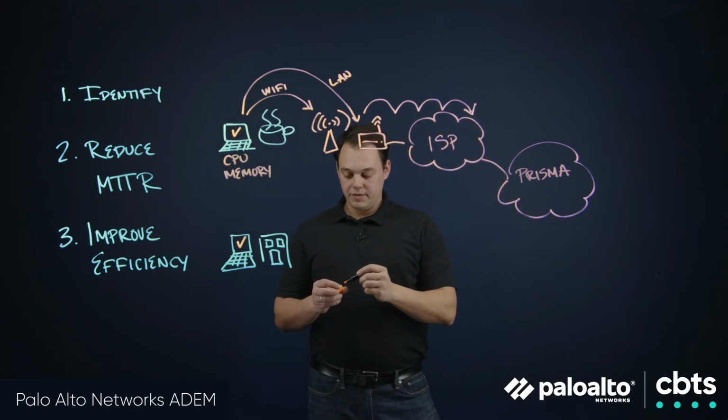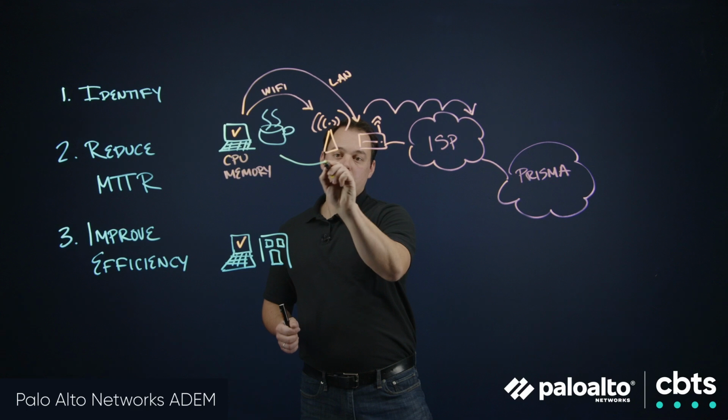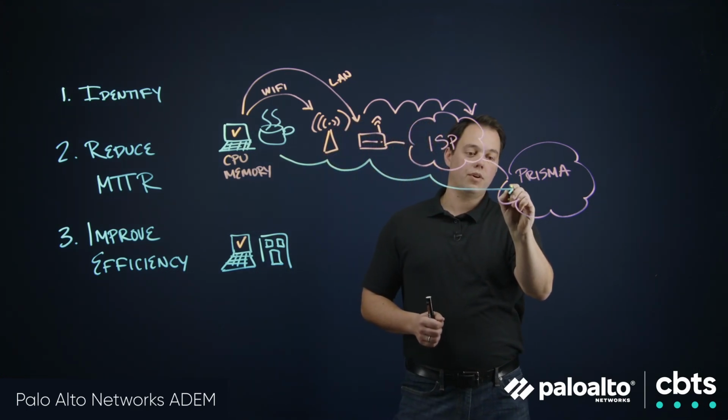So we're able to effectively test across the entire service chain: on our Wi-Fi networks, on our local networks, across our wide area network, and all the way to the cloud.